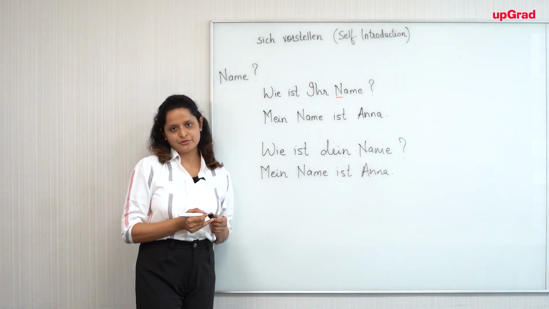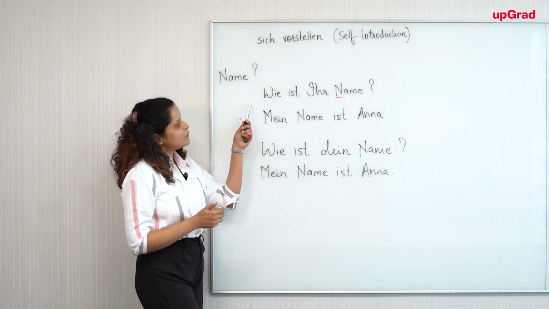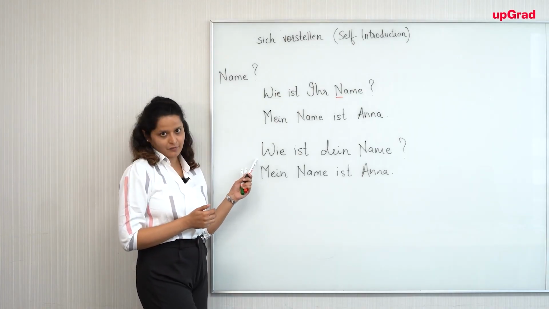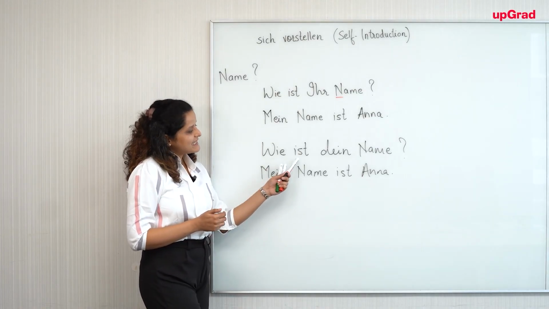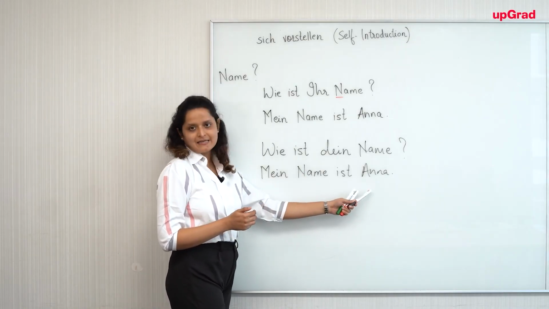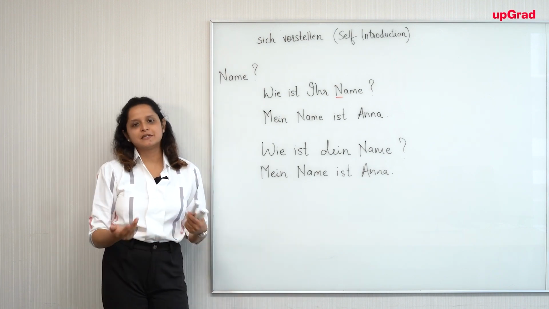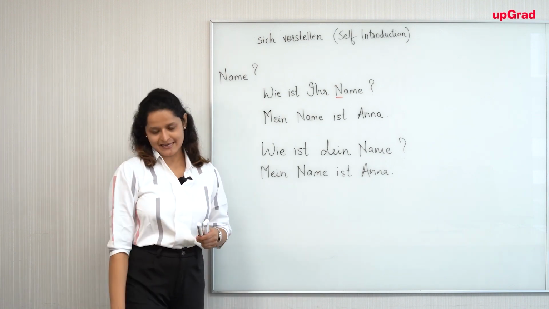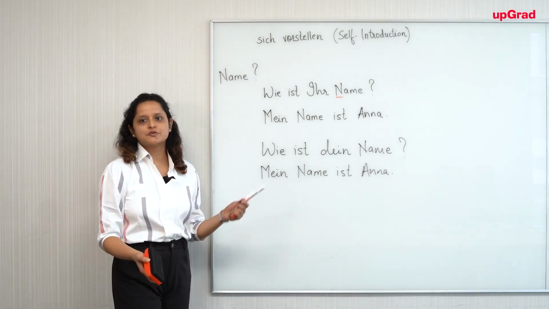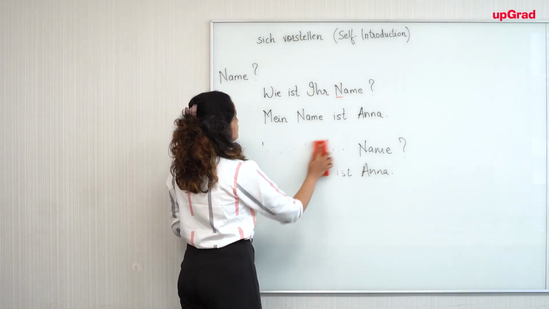So for every question you have, there are always going to be two ways to ask. One formal, one informal. So this is Wie ist dein Name? Mein Name ist Anna. This is just one way of asking somebody their name. We have one more example or one more way in which we can ask somebody their name. Let's take a look at that.